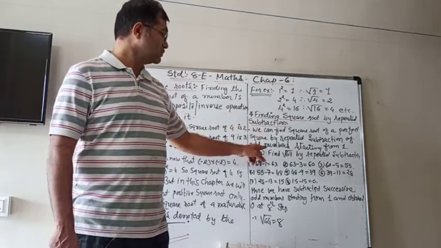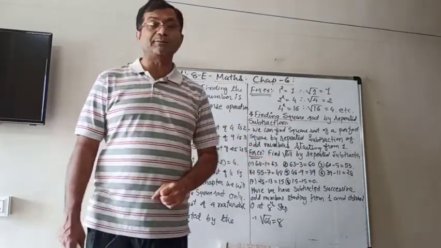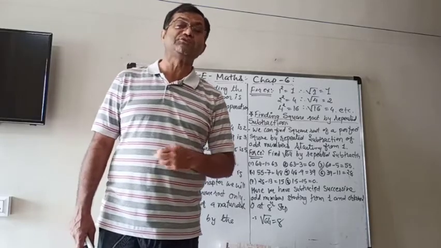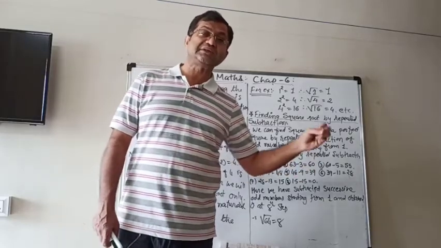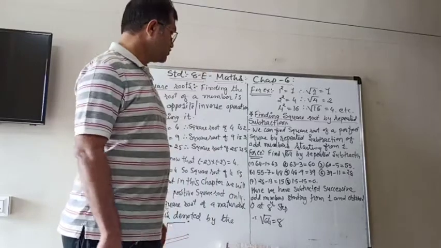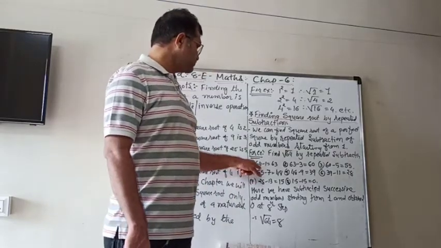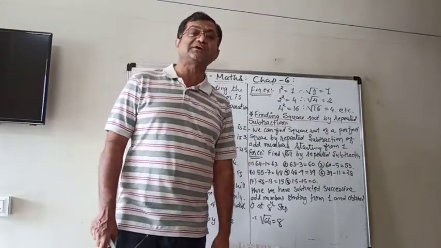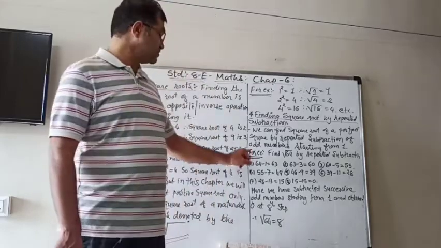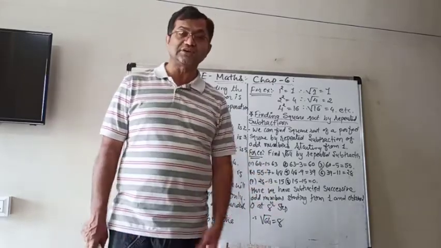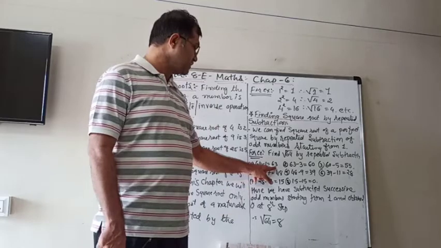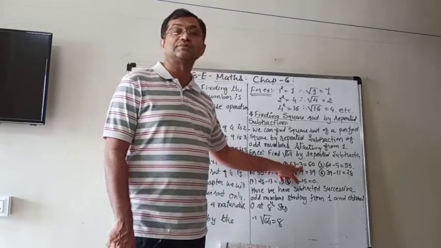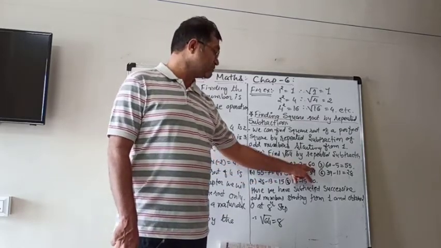Look here, we took an example: find the square root of 64 by repeated subtraction. In step 1, I started by subtracting 1. So 64 minus 1 is 63. Then from 63 I subtract 3 and got 60.